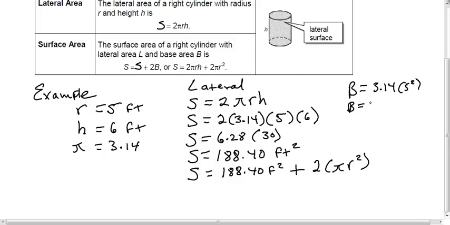So B is going to be 3.14 times 25, and then again I'll go up here and do my math.